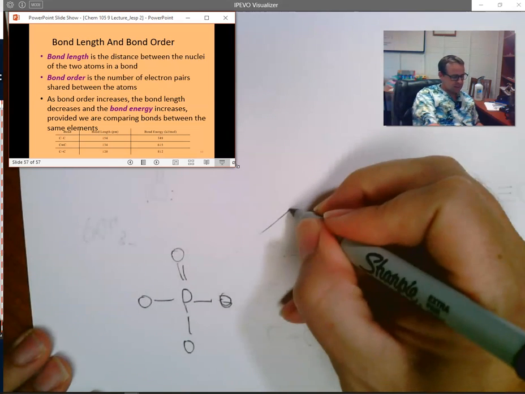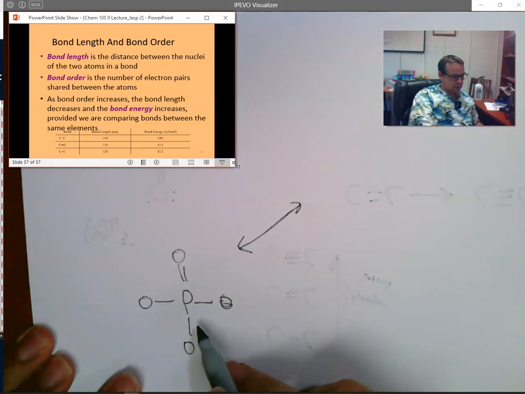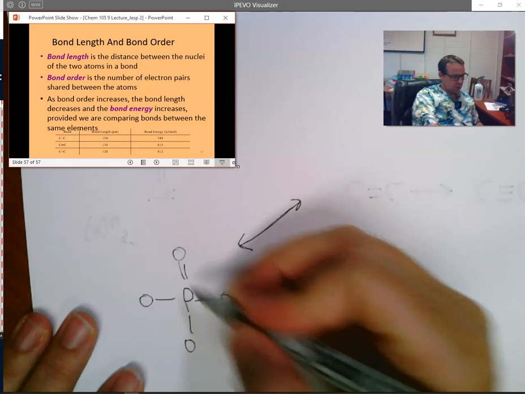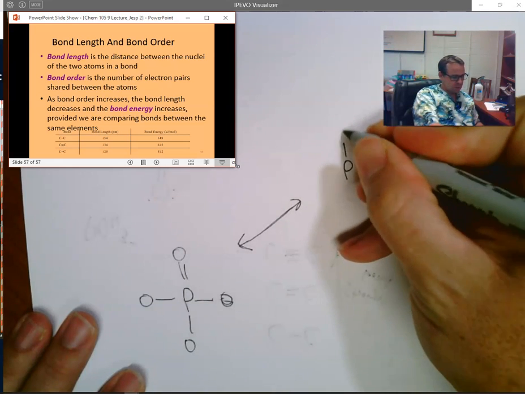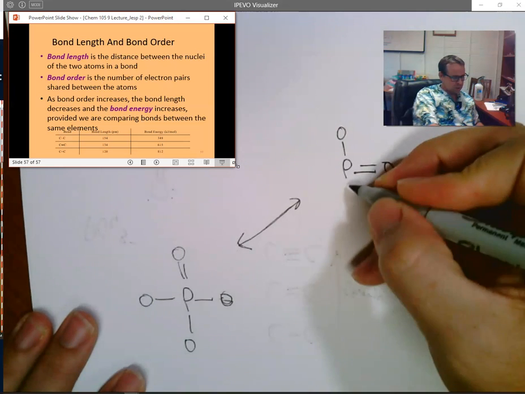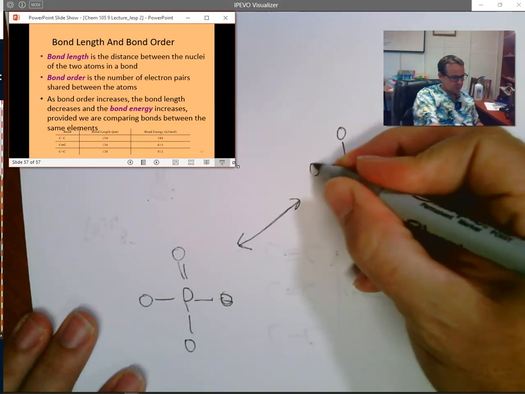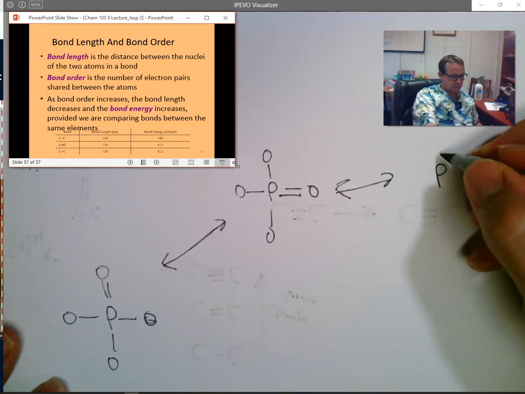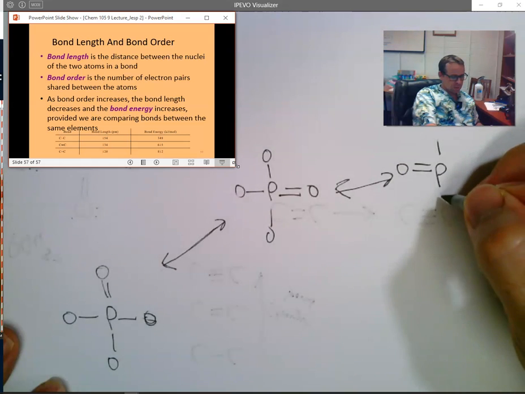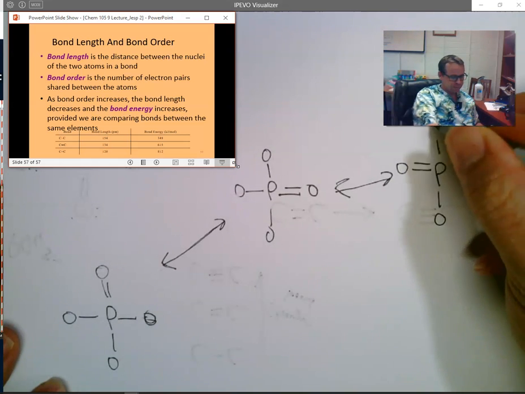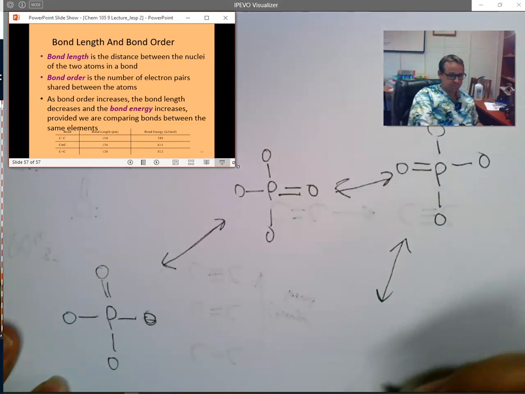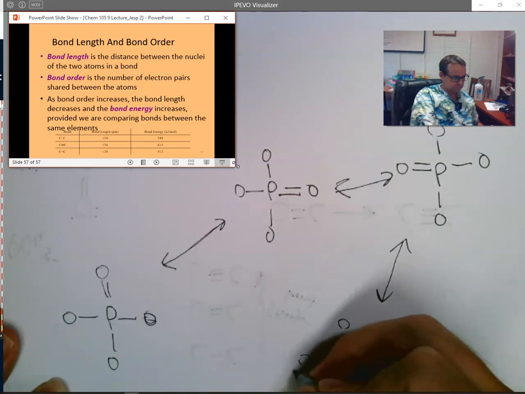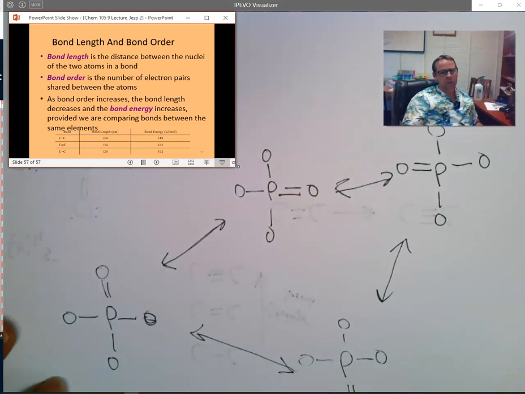And what that tells us is that when we have a molecule like this, the electron density is traveling around. So this double bond takes turns being on one oxygen, and then it goes to another oxygen, and then it can travel to another oxygen, okay?